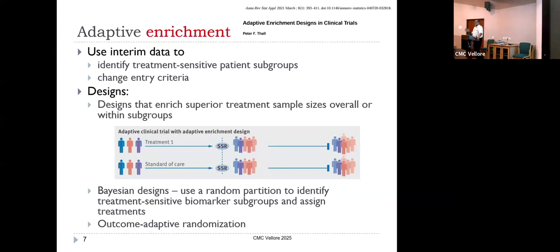They argue it from an ethical standpoint, right? Because why should we get people that are not benefiting from this to subject them to be in an intervention? So they enrich the sample sizes of the people that are doing well or within subgroups.